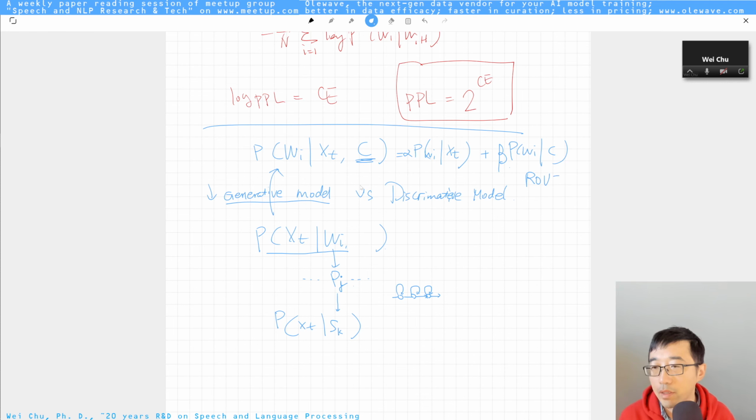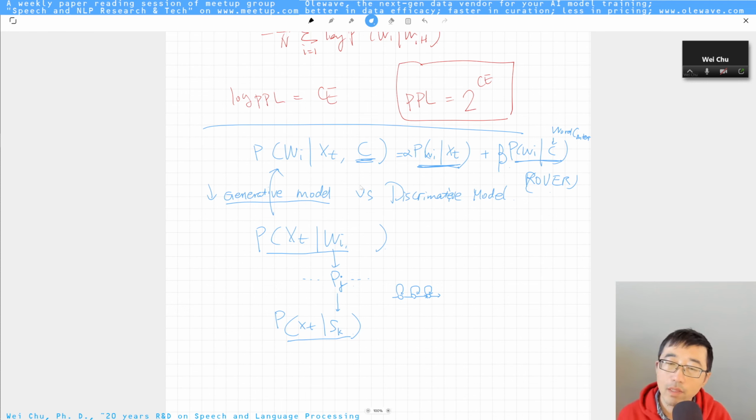You have a weighted system. This part is purely from the acoustic. This part you can call linguistic or language, because this condition this time became just the word history or word context. And for this one, you just convert this into this one.